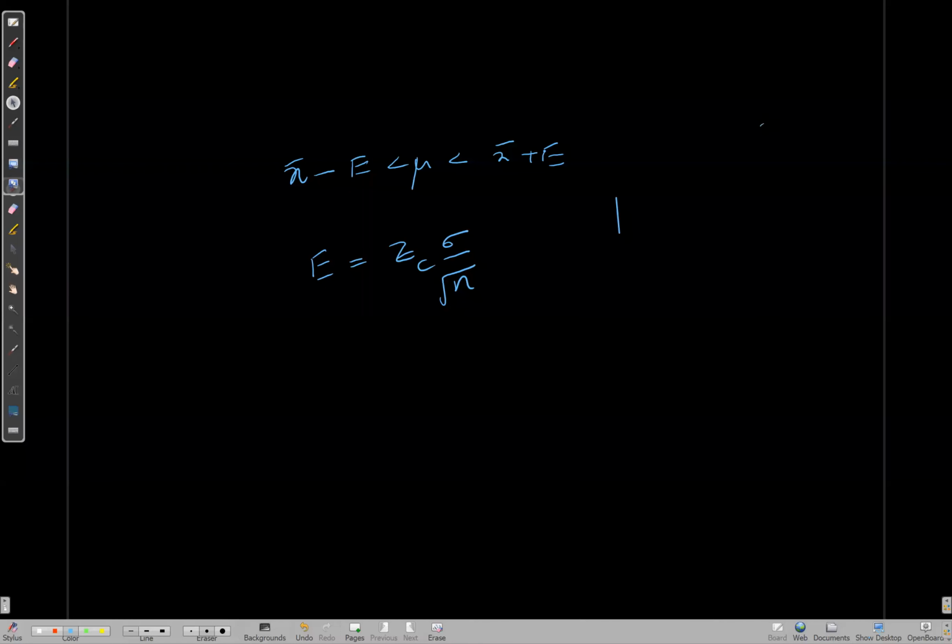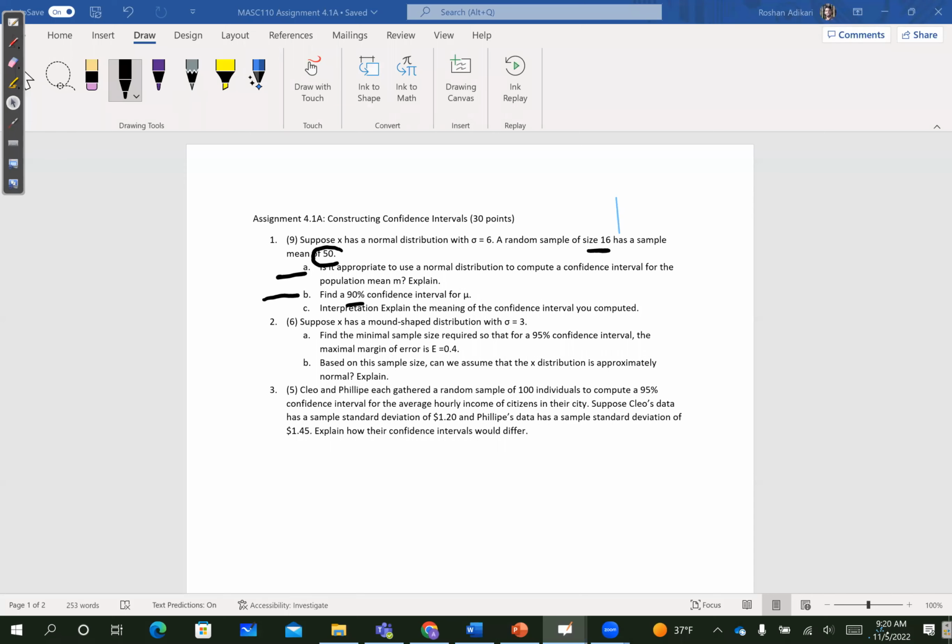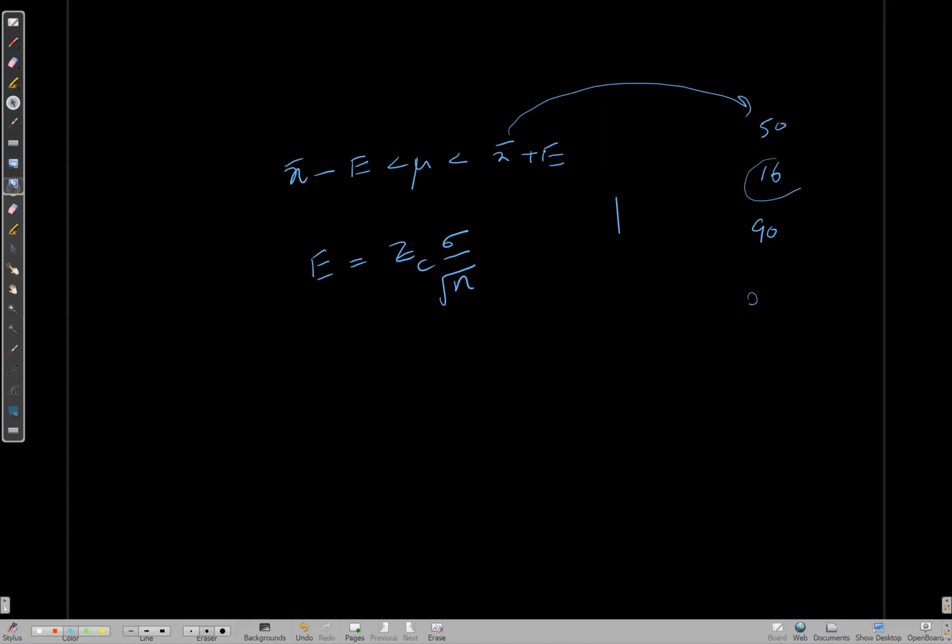The sample mean is x bar, 16 is the sample size, so that is n, and sigma is also given as 6. So you know this, you know this, you know this. You're almost done, right?